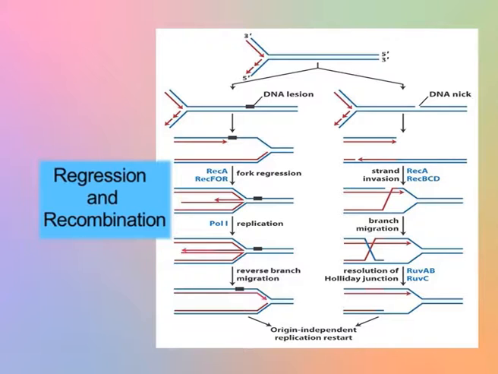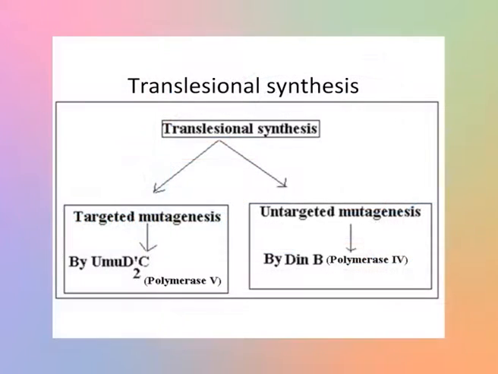But in case of recombination, somehow some chromosomal aberration may happen, but regression is errorless. In case of translesional synthesis, we can see targeted as well as untargeted mutagenesis also. So we are talking about the post dimer initiation processes.